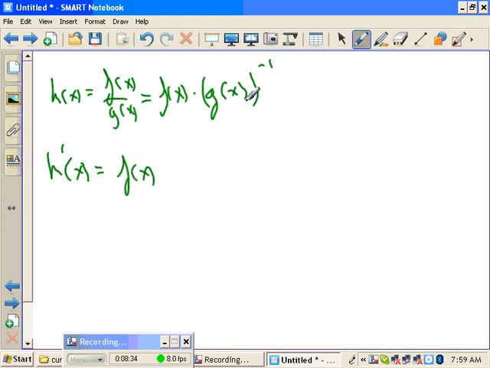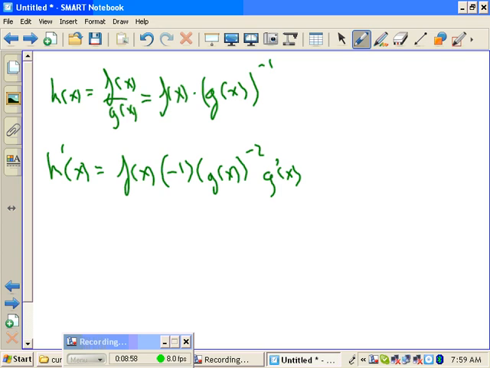Now, how do you take the derivative of g to the negative 1? Negative 1 times g to the negative 2 times g prime. Don't forget the chain rule. Technically, this invokes the chain rule, which we're not really talking about until Friday, so this is illegal. I can't do this yet, but we will. But you've seen the chain rule.